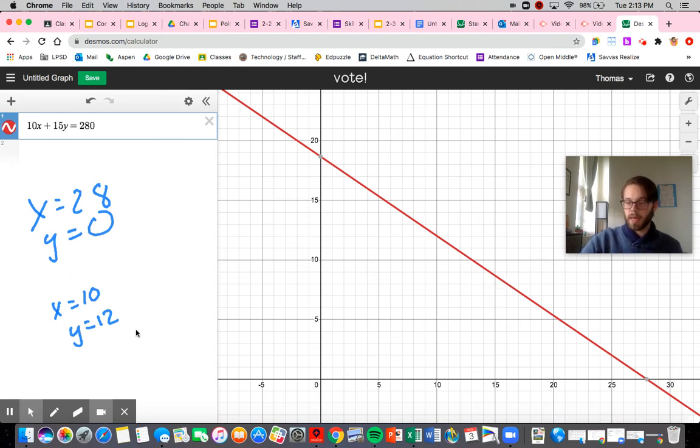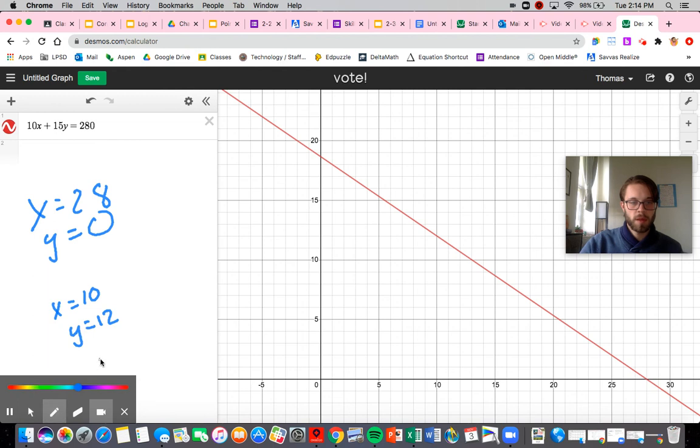All right, so 16 and 8 will work because 8 times 15 is 120, and 16 times 10 is 160. So we get 280. So we could again have x equals 16, y equals 8.